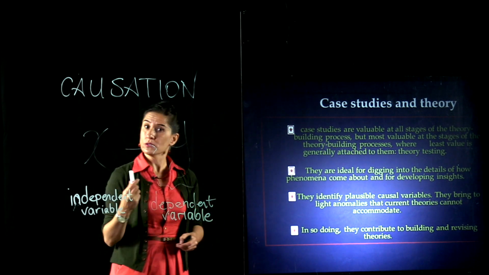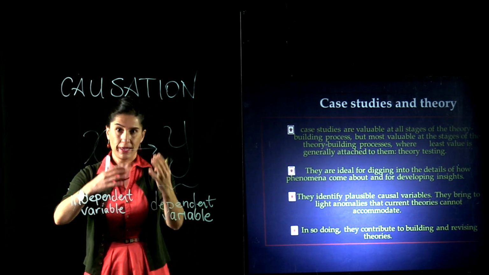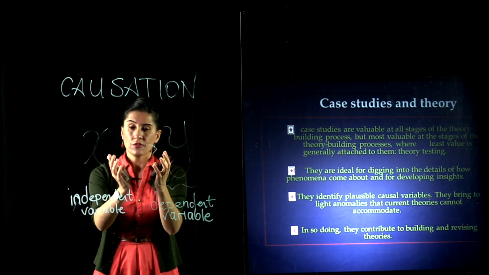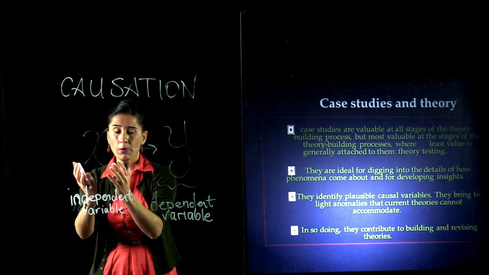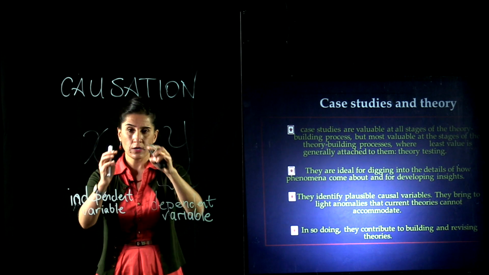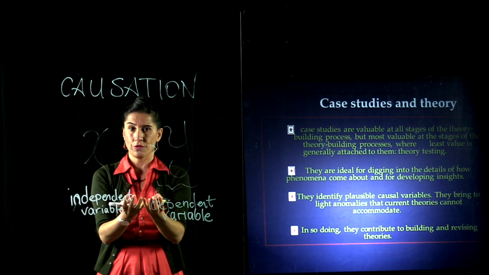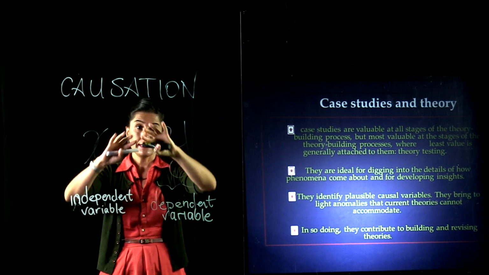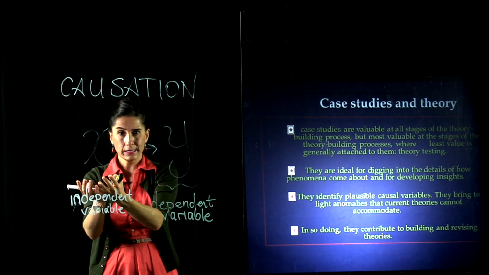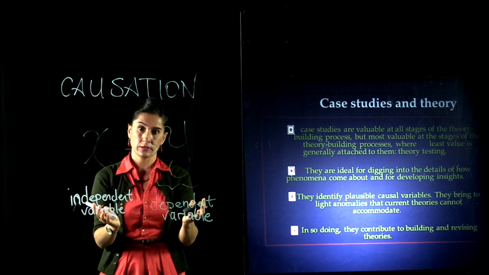It is because in a case study, if X is believed to cause Y, the researcher focuses on how X causes Y in this particular context. What are the different ways of connection between X and Y? And what is the context of X and Y? Right? So it is giving us a more comprehensive understanding of not only the X, but also the Y, and their relationship in this particular context.